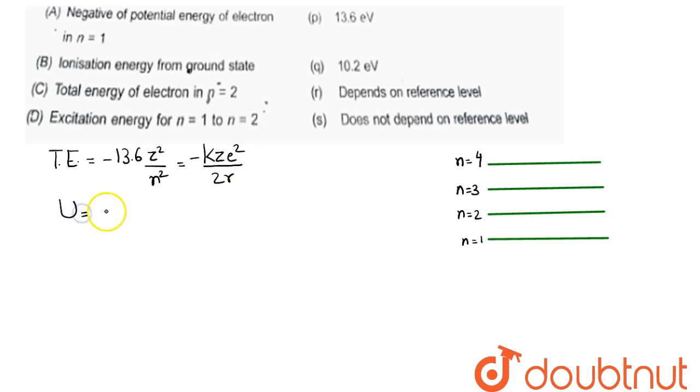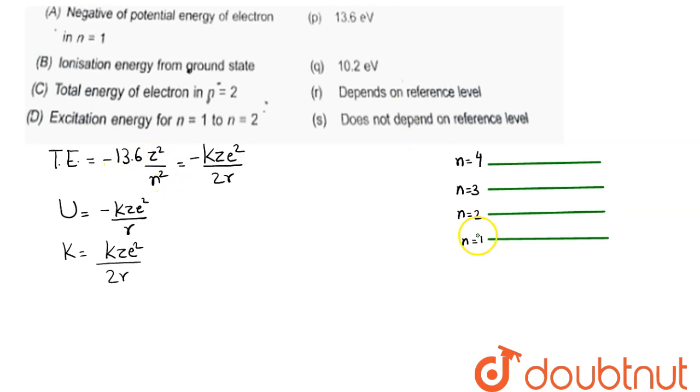Potential energy we have as minus kZe square divided by r, and kinetic energy we have as kZe square divided by 2r. Now we can see that when potential energy at infinity is taken to be 0, the total energy comes as minus 13.6 Z square by n square.